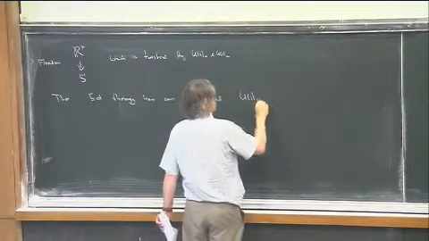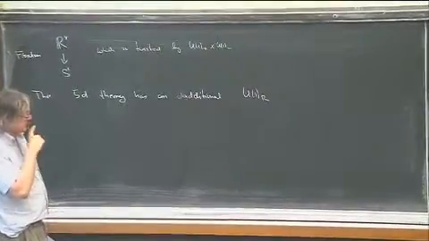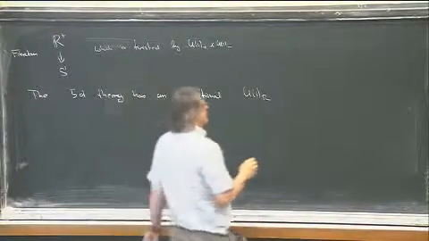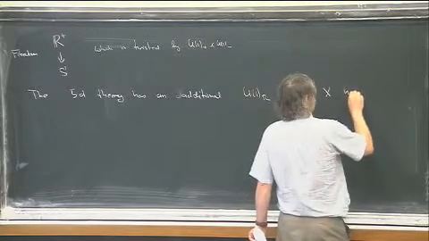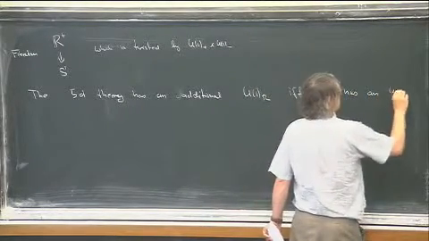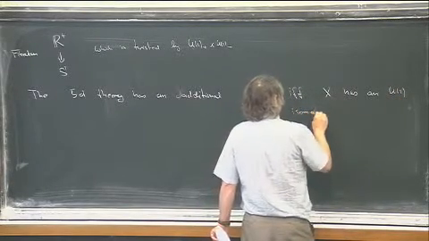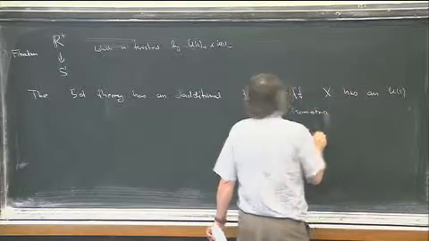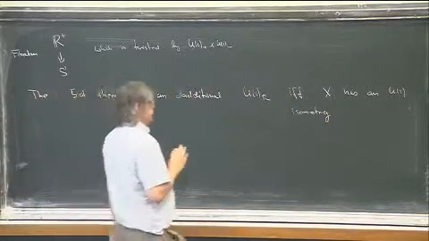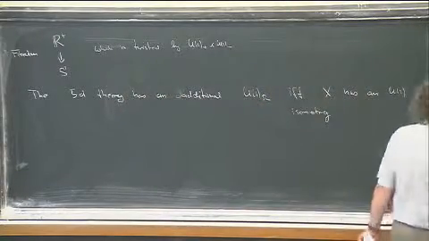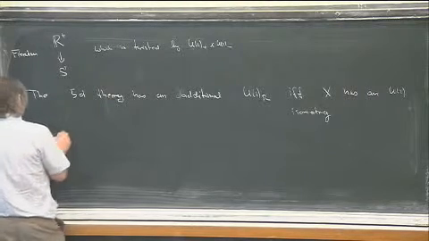U1R symmetry. This is a symmetry which rotates the supersymmetry generators, and it exists if X has a U1 isometry. Only if you have this additional U1 can you form a combination which preserves supersymmetry. So under these circumstances, we can find combinations.